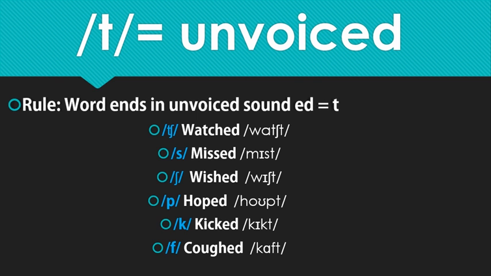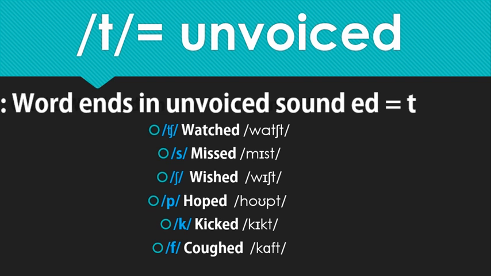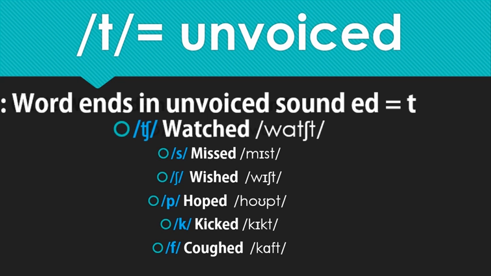The rule is, if words end in an unvoiced consonant, they get the t sound. So, for instance, watched has a ch sound, so that will end up being "watcht." The s in missed is unvoiced, so the t will also be pronounced: missed.